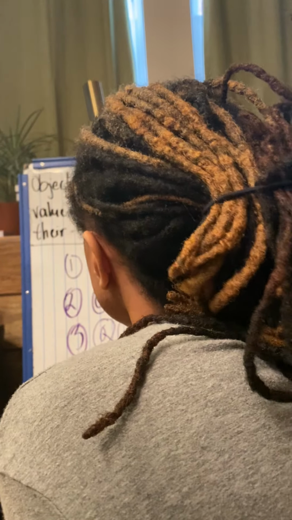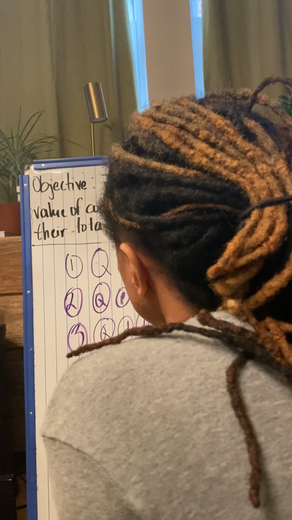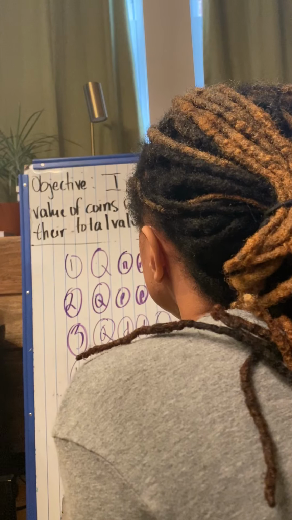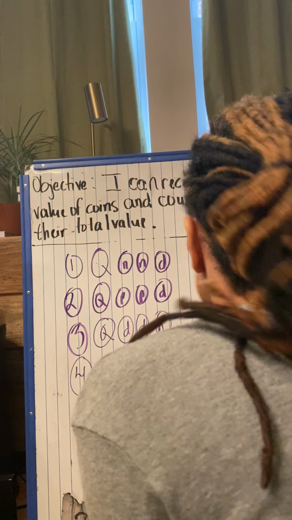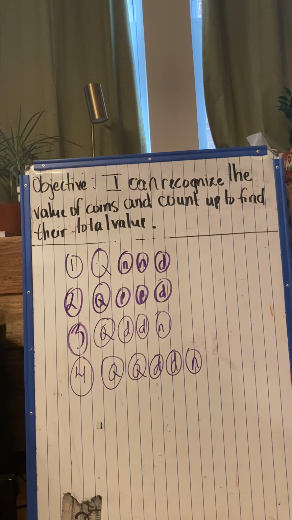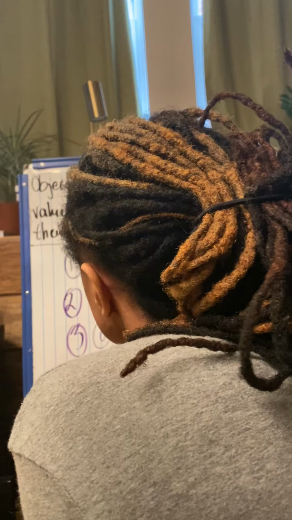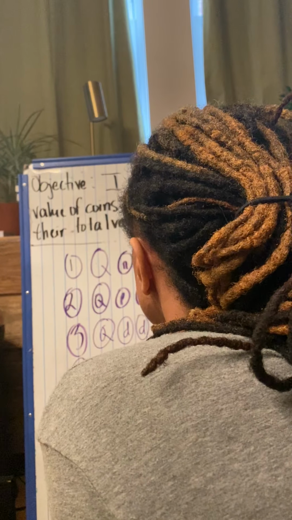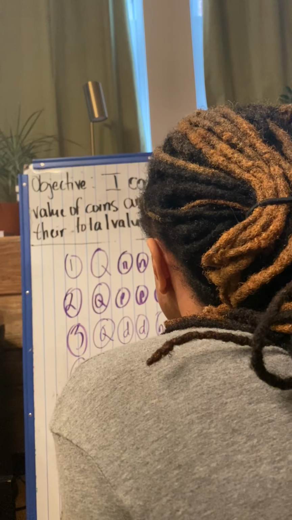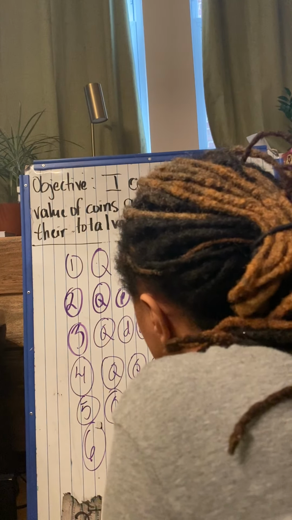Number 4, we're going to do 2 quarters, 2 dimes, 1 nickel. Number 5, we're going to do 2 quarters, 3 dimes. And number 6, the last one, we're going to do 2 quarters and 5 dimes.